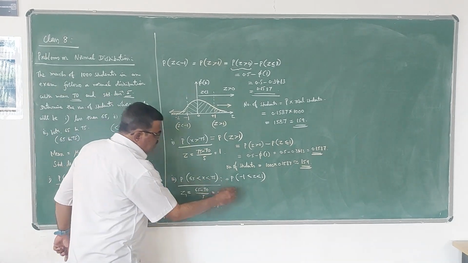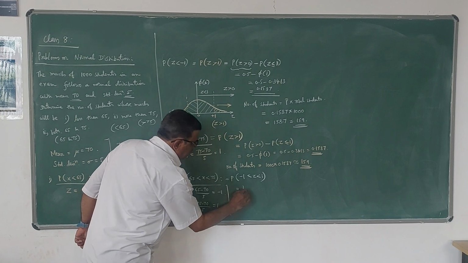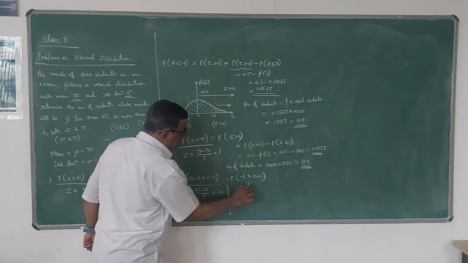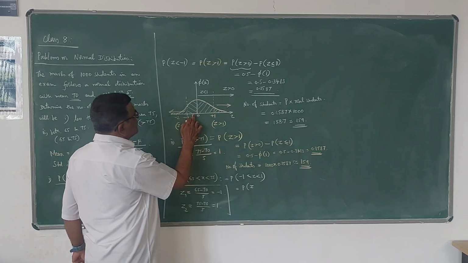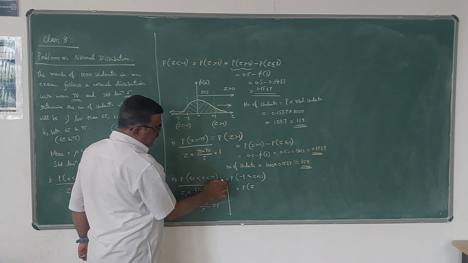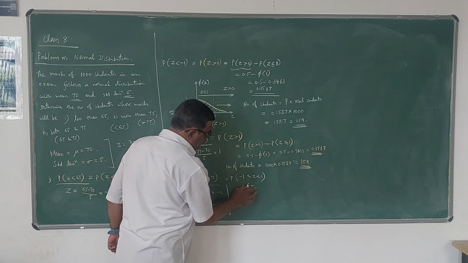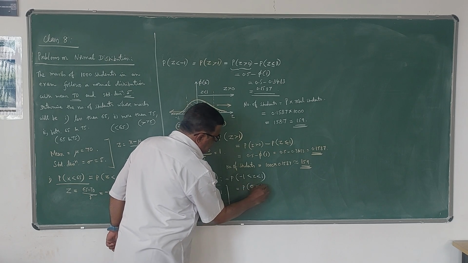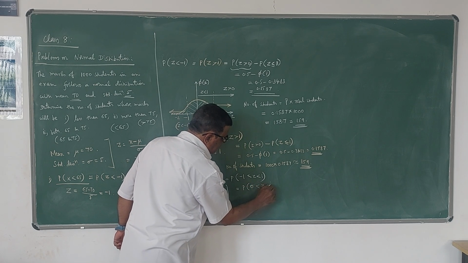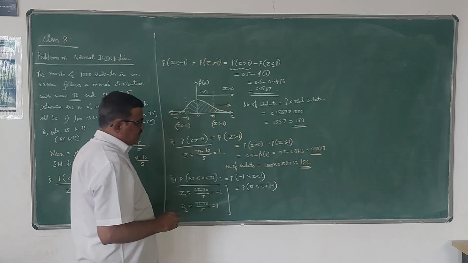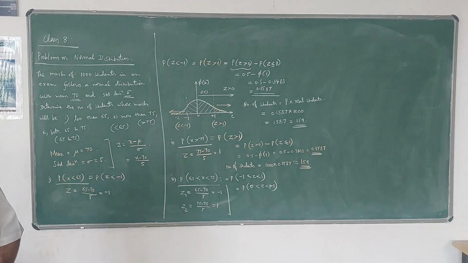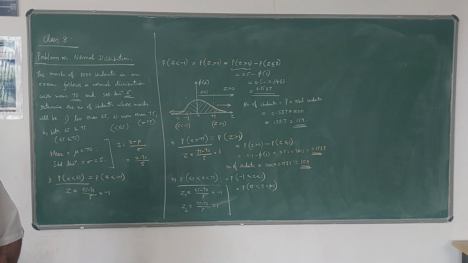That means this can be written as the probability of 0 less than z less than 1 and of minus 1 less than z less than 0. Correct? First we will write minus 1, then we will get it.